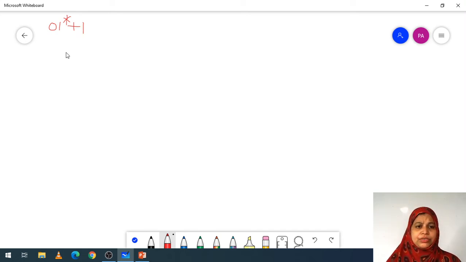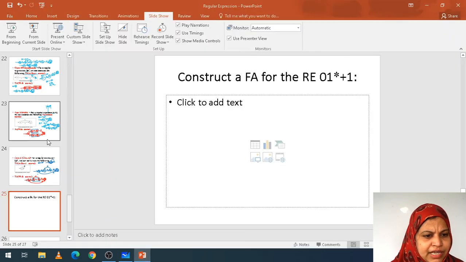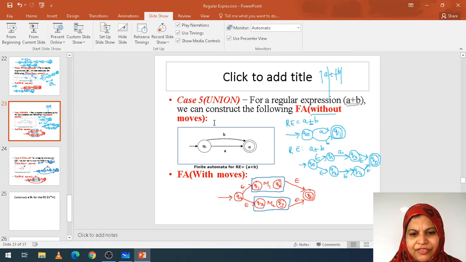Now first you have to concentrate on union. Here, (0, 1) star plus 1, so I am concentrating on this plus. Here this plus means union. So for this union, this is the case: epsilon, epsilon, q1, m1, m2, q2, epsilon and epsilon.